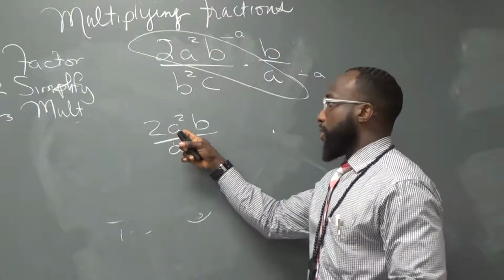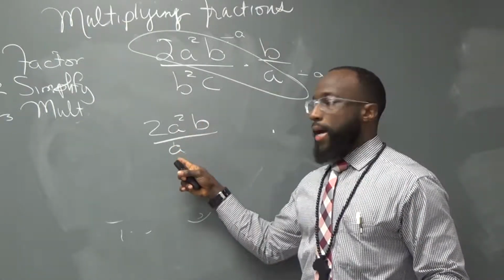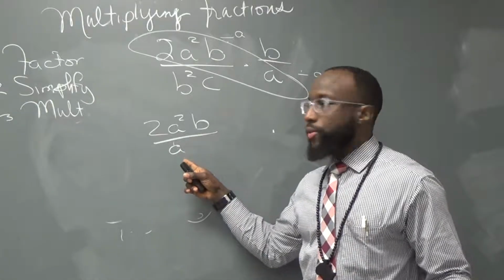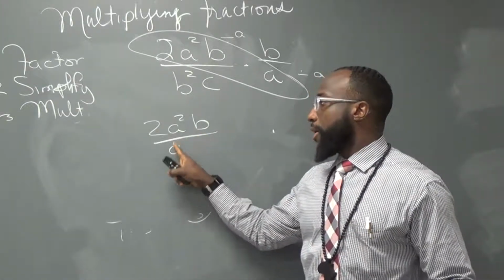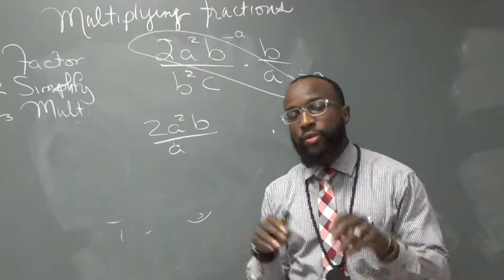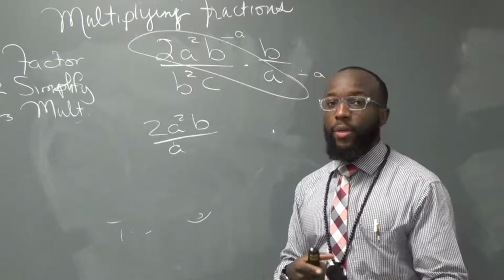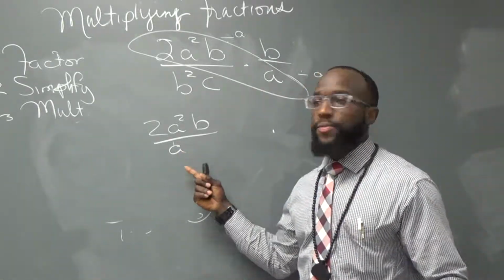The rule is, when you divide a variable raised to a power by the same variable, you subtract the exponent. Whenever you have an a with no visible exponent, it's understood that that's a to the first power.